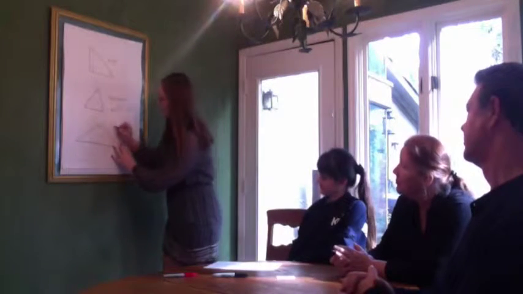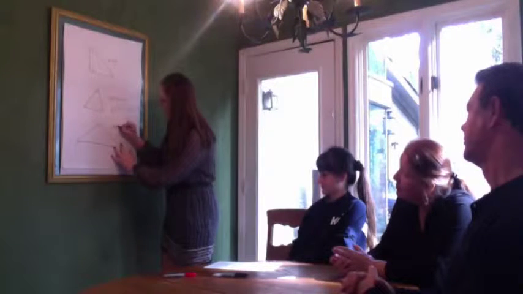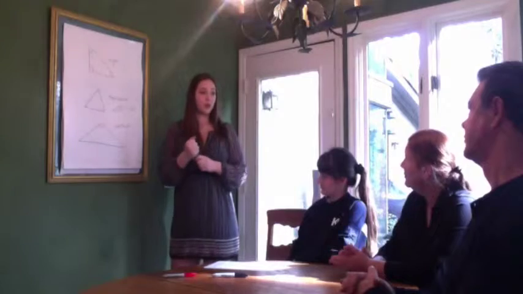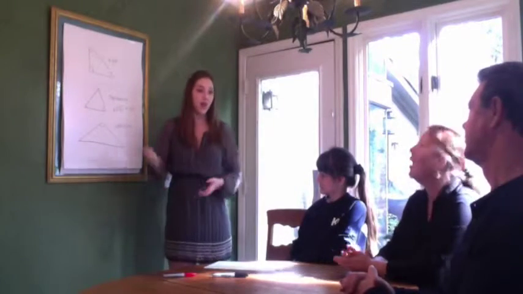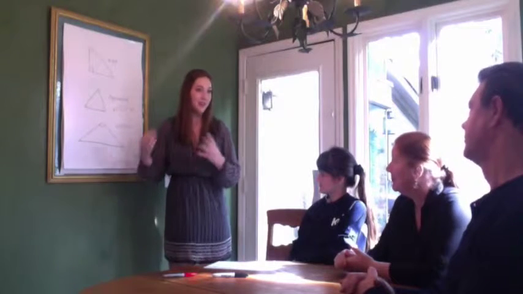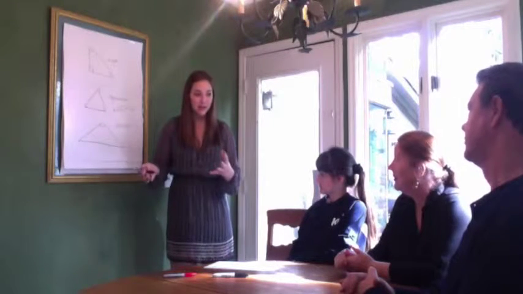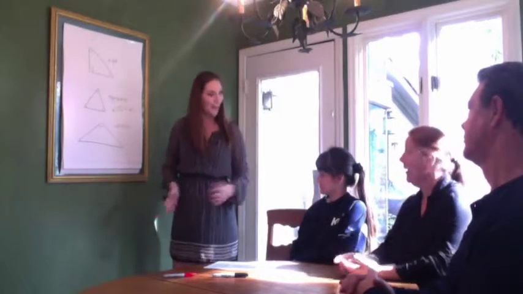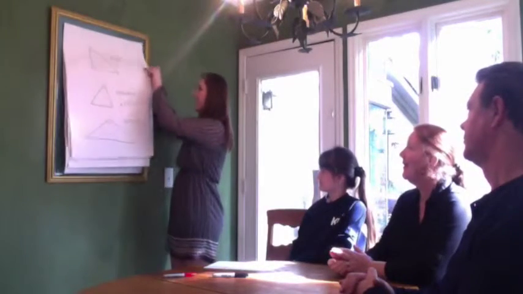So this is our obtuse triangle. What are the other 2? Well, those can be anything. As long as one angle is greater than 90, the other 2 can be anything as long as the sum of those 3 angles equals 180, like we talked about. Good job. Great question.